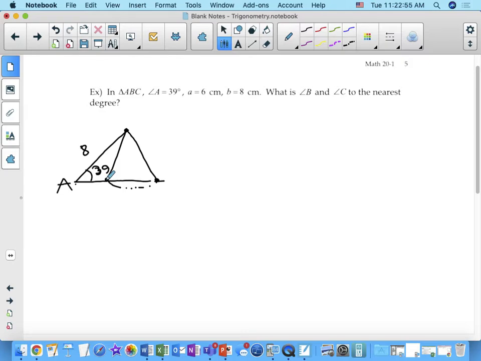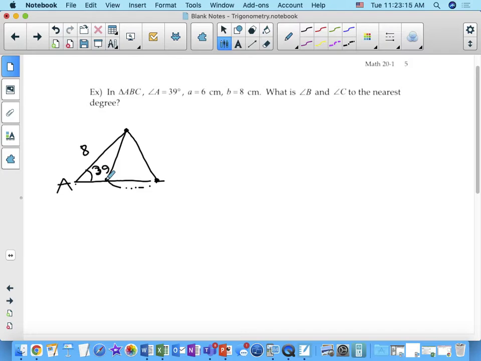Now what's going to happen is we're essentially going to get two different triangles. We're going to get one triangle with 3 acute angles, and that's sort of the bigger one. It's bigger in size, right? And then we have this smaller one sort of on the inside.